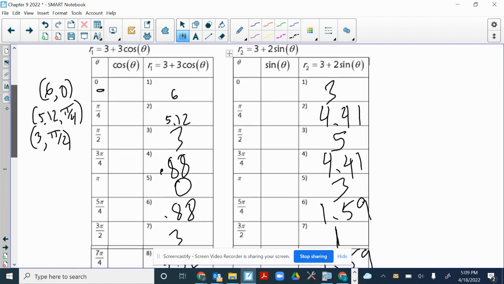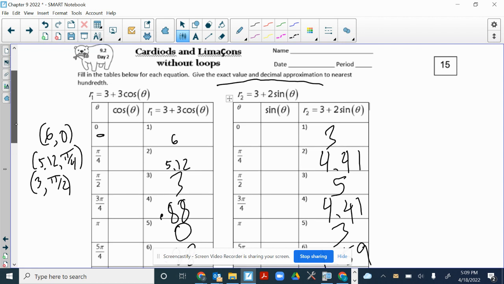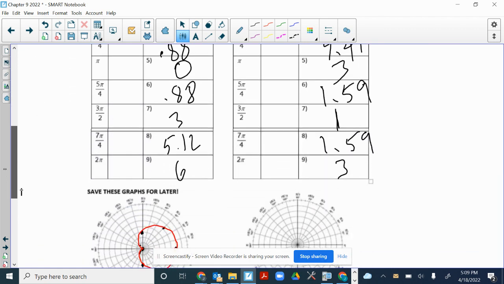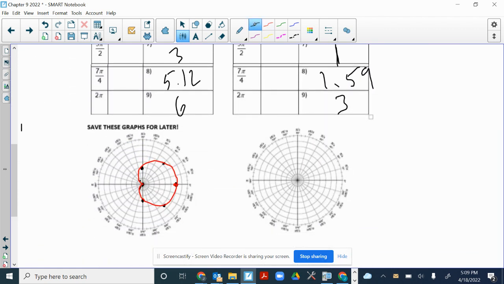And then you're going to do the exact same thing with this one, but you'll notice this one's not exactly the same equation, right? It's 3 plus 2 sine of theta. So it's sine versus cosine, but it's a different number. So we're going to see how that affects it here. It's at 0 degrees or 0 radians.